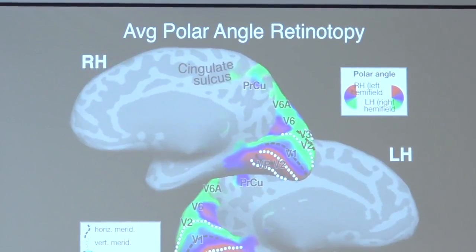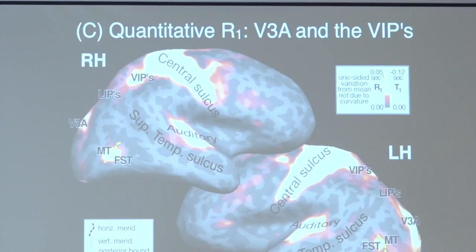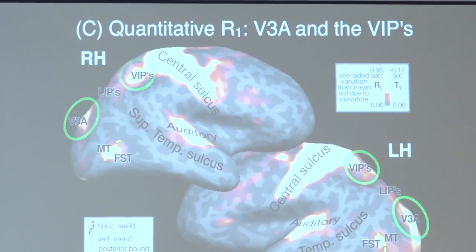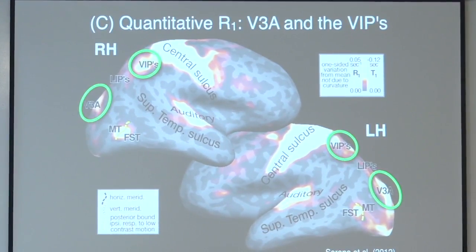And it actually corresponds to that heavy myelination. So it's an area that we also know from primates that's very sensitive to these flow field type stimuli. And then we found V3A. That was the one that both Roger and I found originally and thought might be MT, but it wasn't MT.